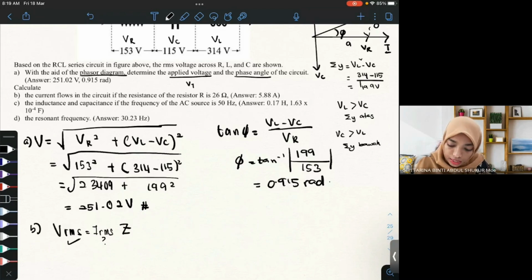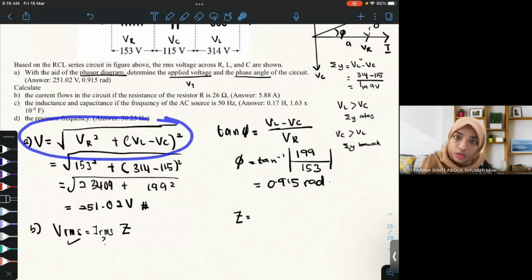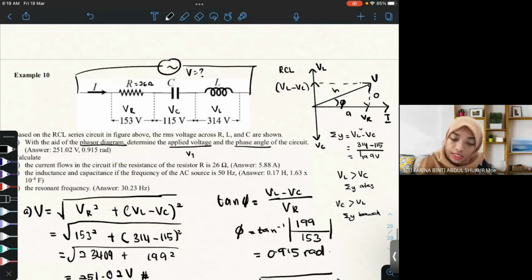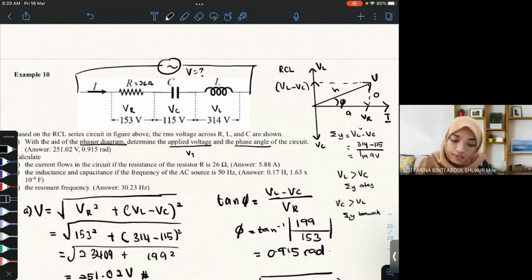Macam mana nak cari Z? We have equation that is very similar to this one. Kita akan ada Z sama dengan square root of R square plus XL minus XC square. Ataupun sebenarnya it can come from the diagram itself. Sebab if you were to eliminate the current from the diagram, kita kena eliminate juga current daripada setiap voltage kita ni.